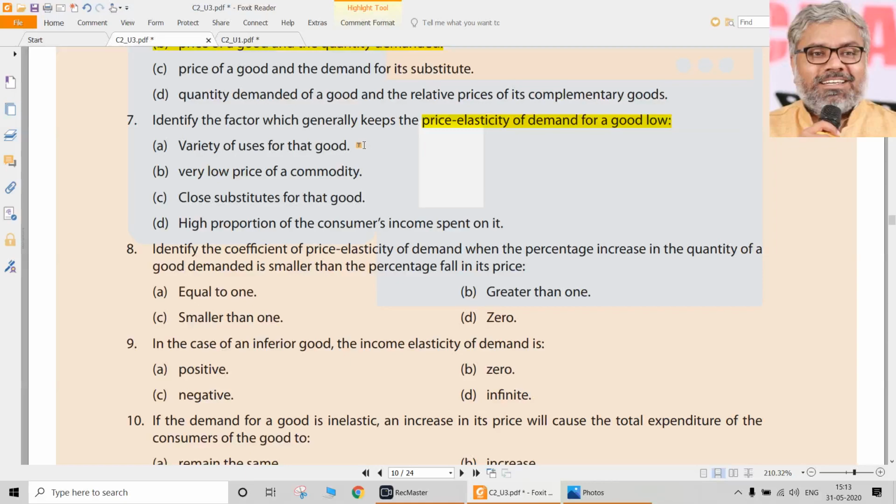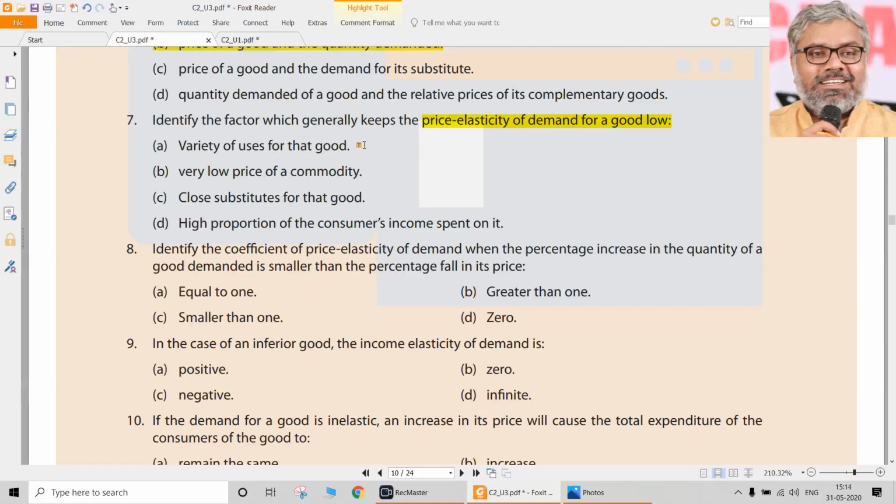Reverse also is possible. We can take another example. Say for example, coconut oil. If the price of the coconut oil is high, maybe the use of that can be only restricted to cooking or restricted to only using it for hair care rather than using it for other purposes. So why a product is used depends upon its variety of uses for which it can be actually used.